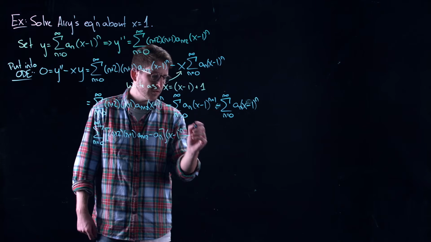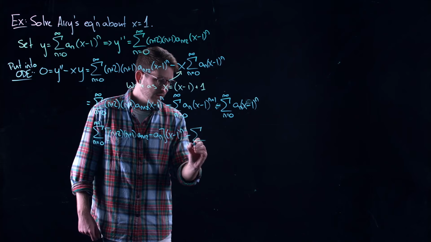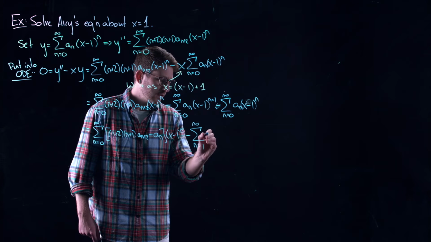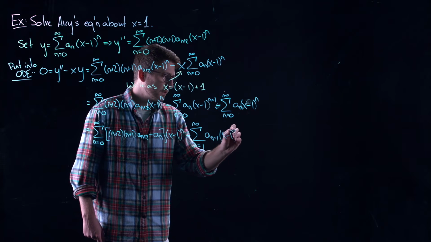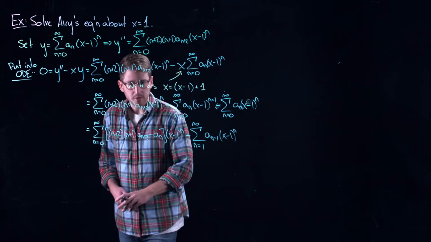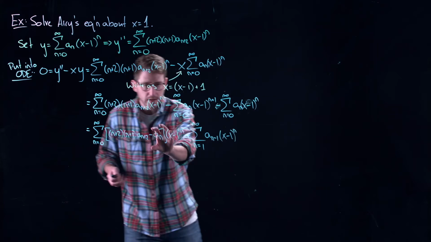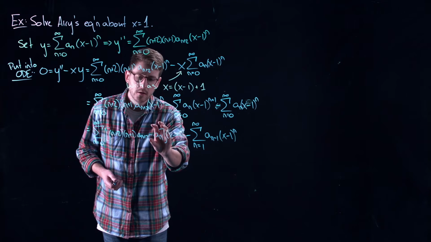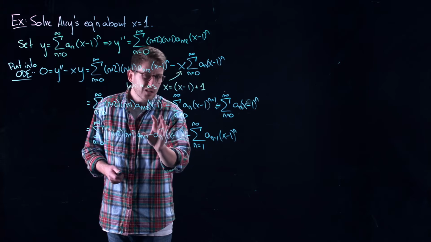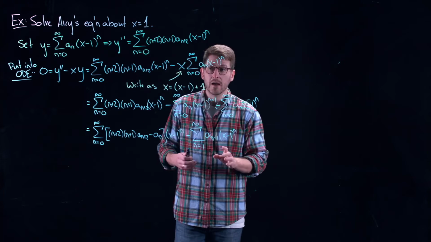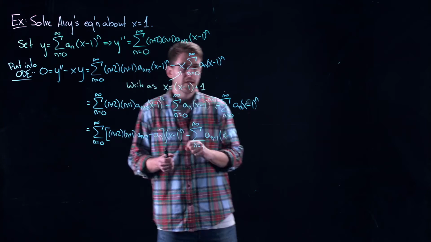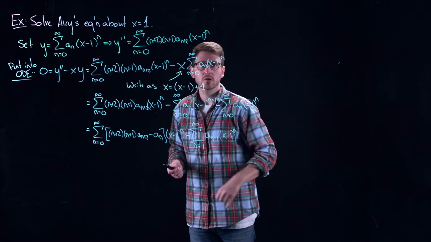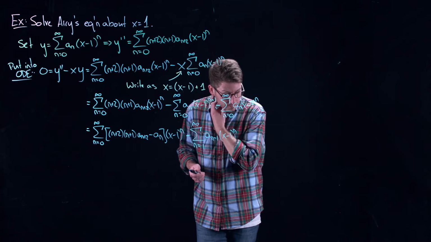Now minus, let's shift the indices on this one: n equal 1 to infinity, a_(n-1), x minus 1 to the n. So it's very similar to what we saw previously, but now we have this new term right here. Technically, that's the only new thing that we have. And it came from this special little expansion of this term x. We saw that we got an extra term hanging out on the back.